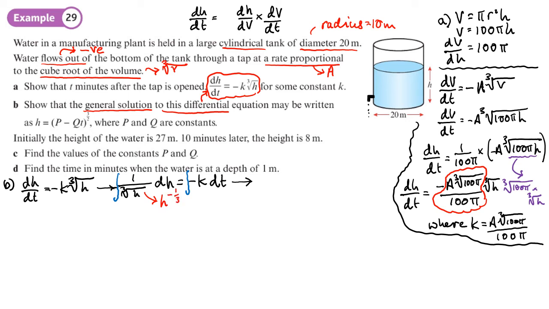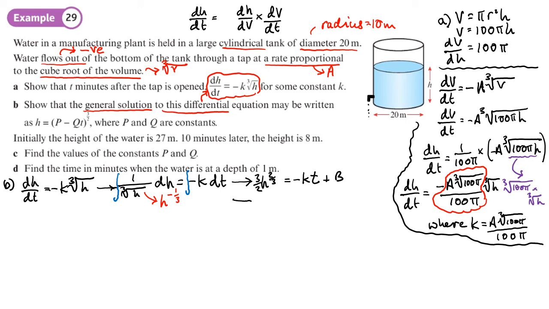So h to the power negative a third integrated, you add 1 to the power, so that's going to be h to the power 2/3, and you divide by that new power, so you get 3 over 2, equals negative k integrated with respect to t, which would be negative kt, plus my constant of integration. So I'm going to call that B. I'm just going to go through the alphabet, capital letter B for my constant, and then from here all I need to do is make h the subject.